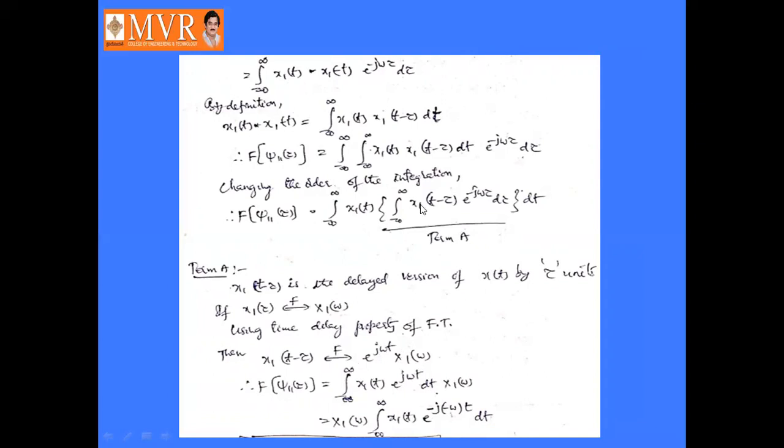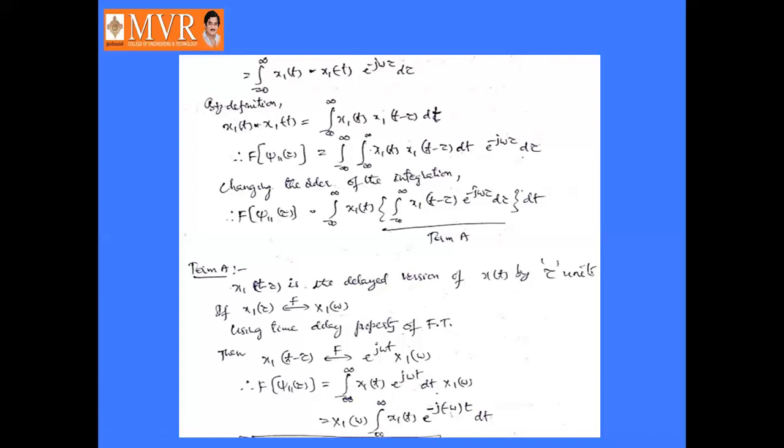So replace this by e power minus j omega t into x1 of omega. So this is integral from minus infinity to infinity x1 of t into e power minus j omega t into dt into x1 of omega, right?